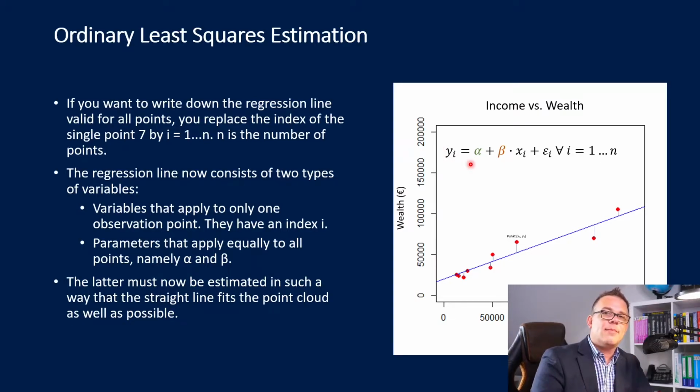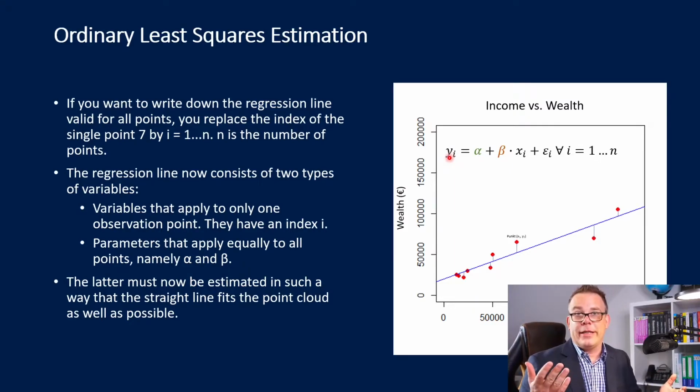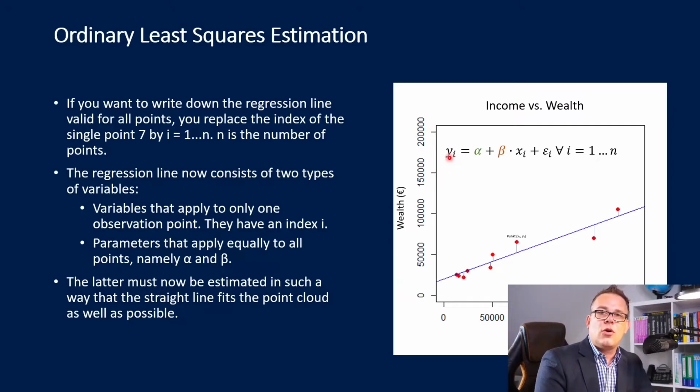Nevertheless, the base model is always shown with a formula like this. Although often the variables have names like wealth or income, they are often not called epsilon or x; epsilon and x is more for a beginner to understand. This is the x-axis and this is the epsilon axis. Later on, we replace them by variable names that we can understand, of course.